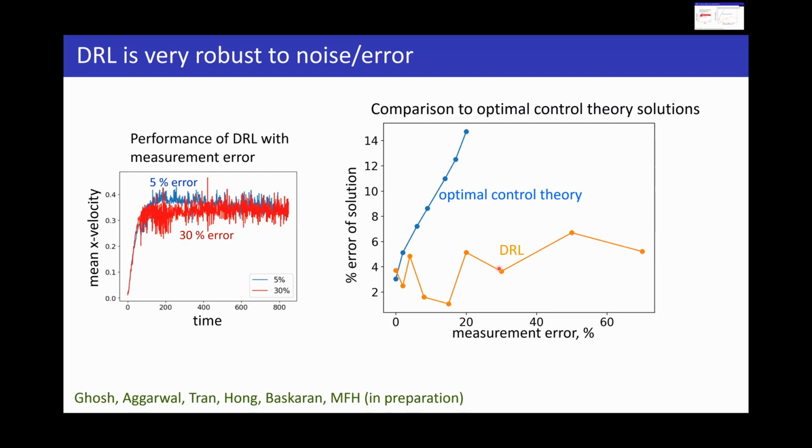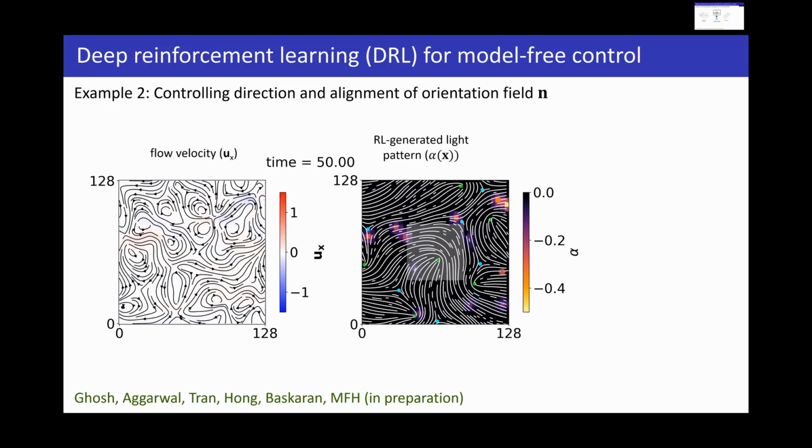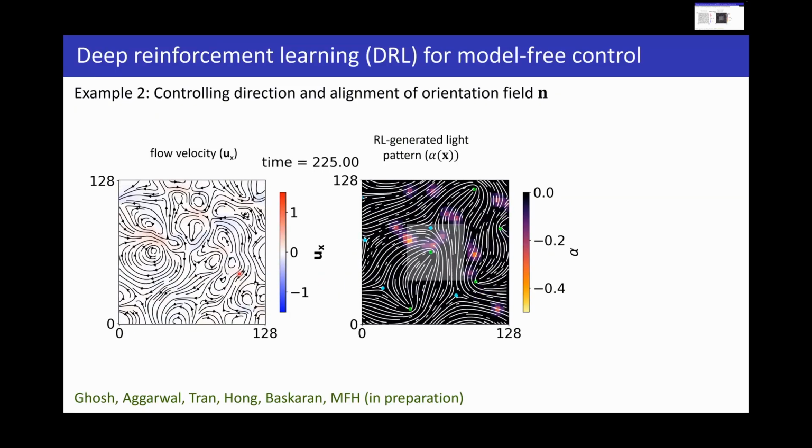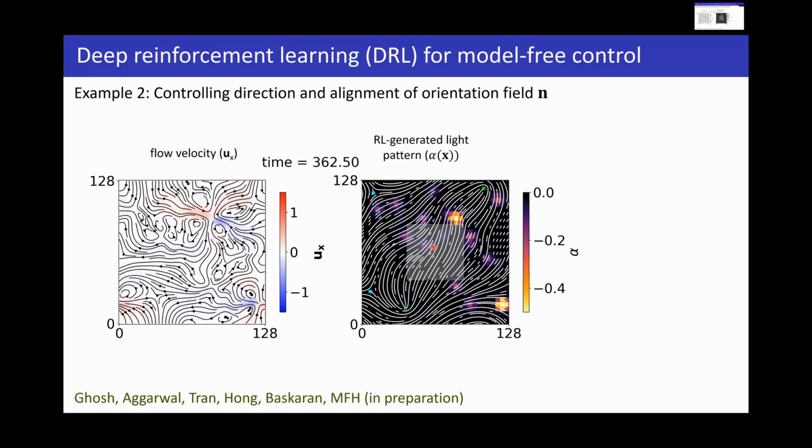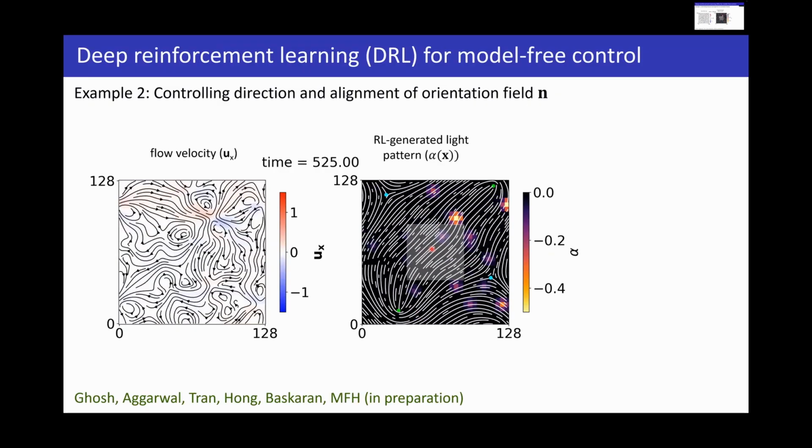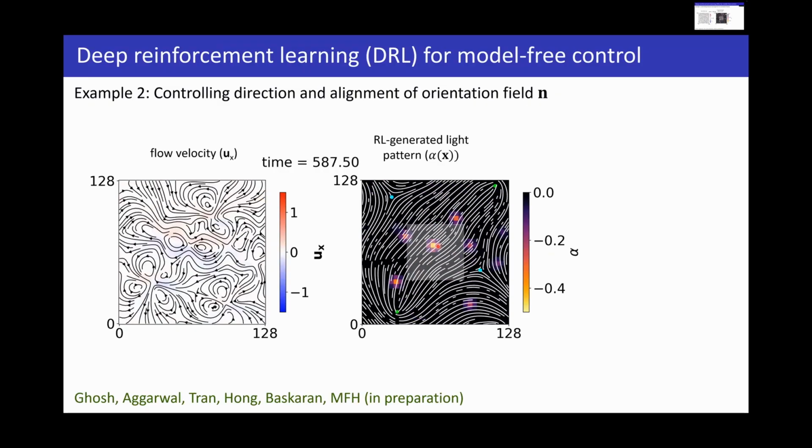So that gave us the confidence that we should immediately start trying to apply this to the experimental system. But at the same time, this is just showing that you can do it for other control goals too. So here again is the example where we're getting the system to align in a square region.